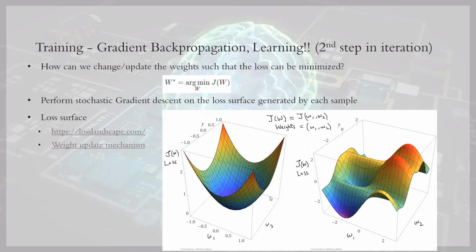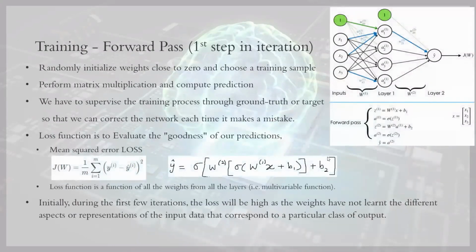But actually the neural network functions, you cannot analytically solve them easily. It is differentiable, sorry, it is differentiable, but it is difficult to set it equal to 0 and then solve for each of the weights.